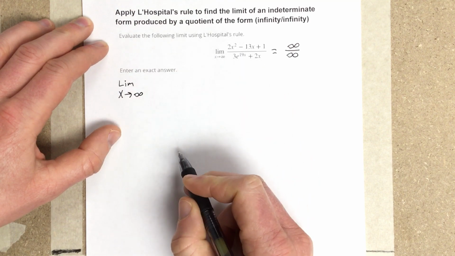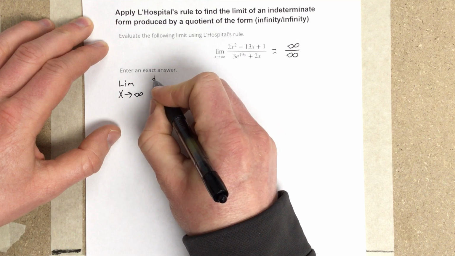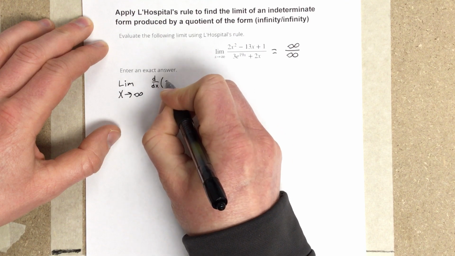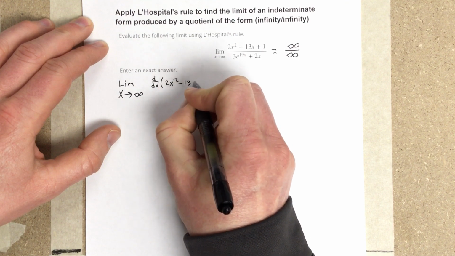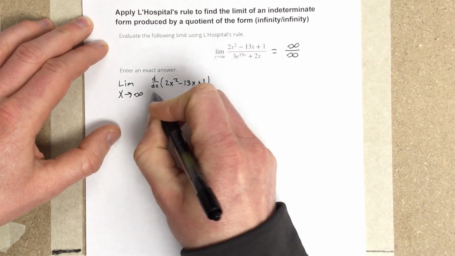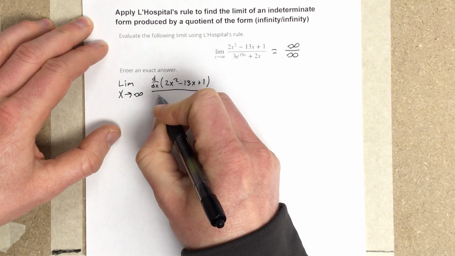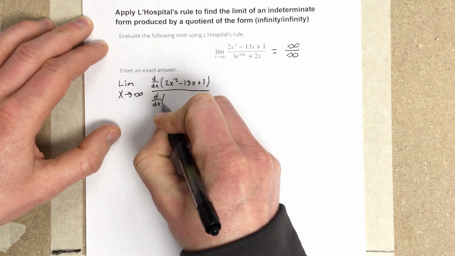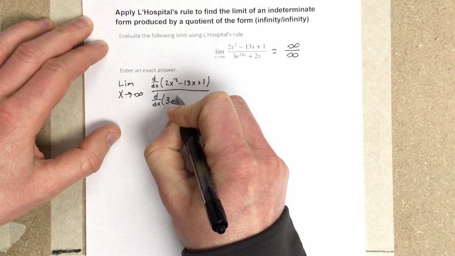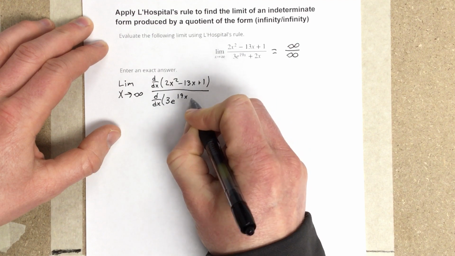So the limit as x approaches infinity, we're going to take the derivative of 2x squared minus 13x plus 1 over the derivative of 3e to the 19x plus 2x.